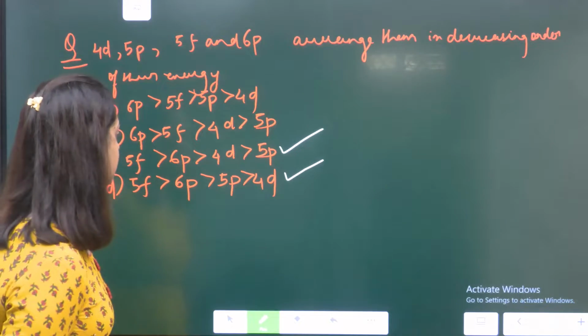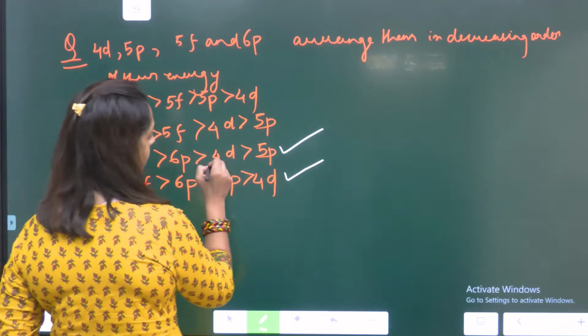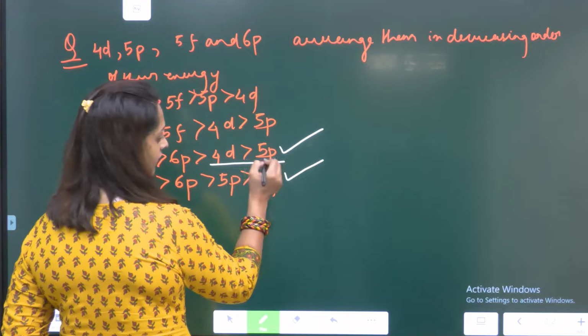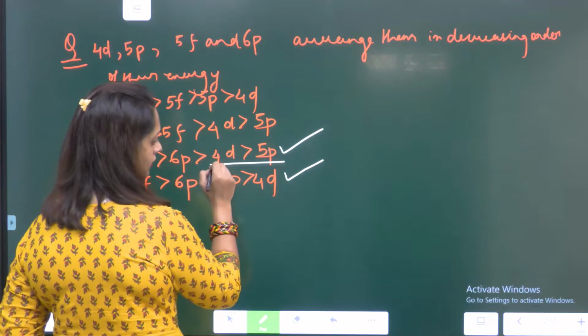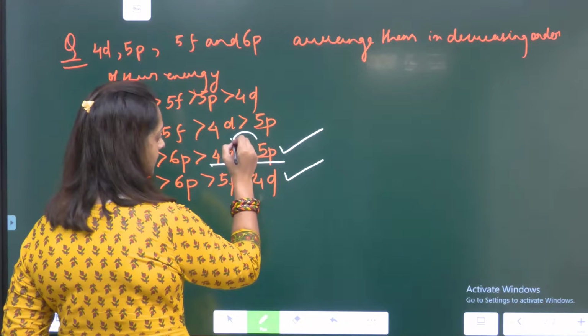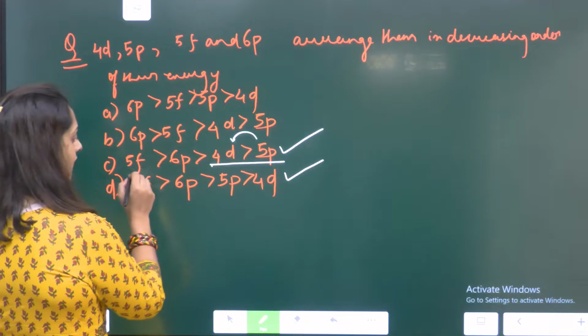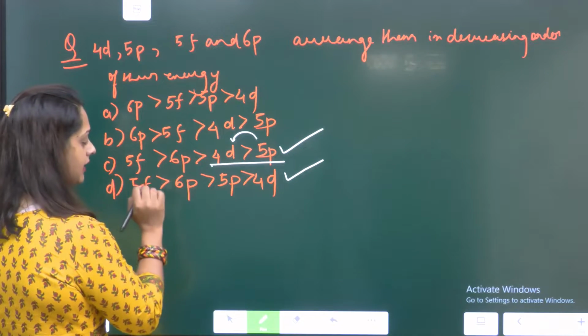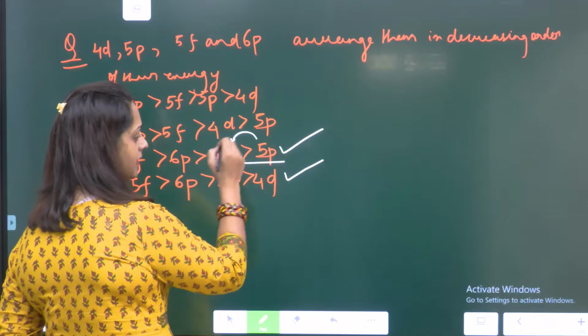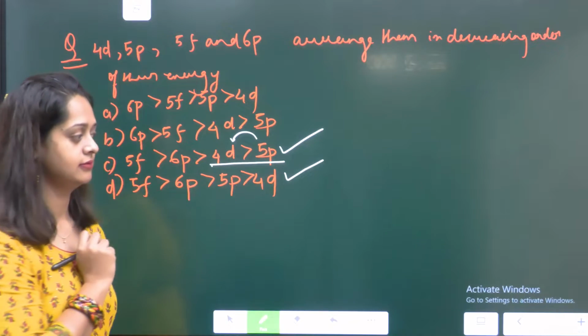Ankit, see what mistake you have made. 5, 4, so obviously this has to be on this side, then only it would be a right answer. 5f, 6p, that is fine. Then it would be 5p, then 4d.